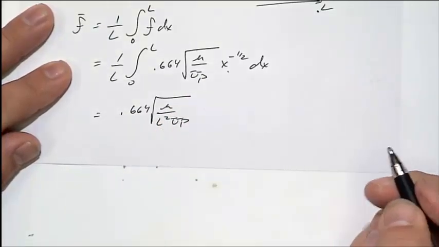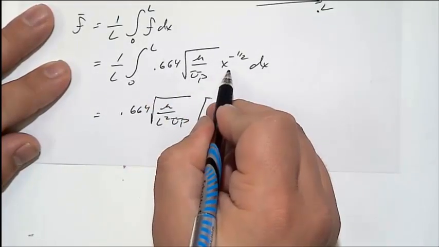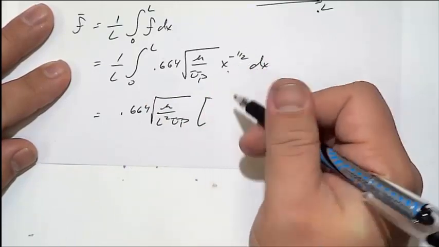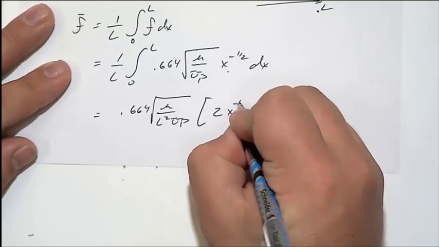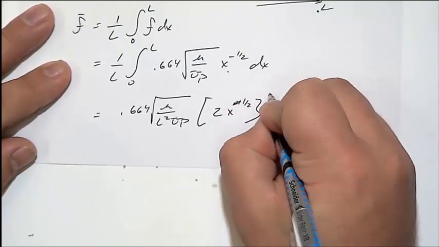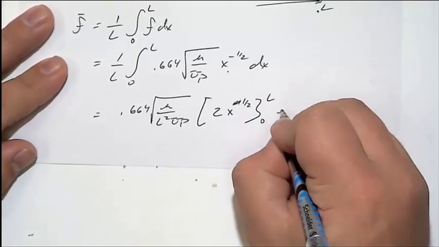So mu over L squared u rho. Raise the power, divide by the power, so this becomes 1/2 divided by 1/2, which becomes multiplied by 2. And this becomes x to the 1/2 power. Evaluate from 0 to L.